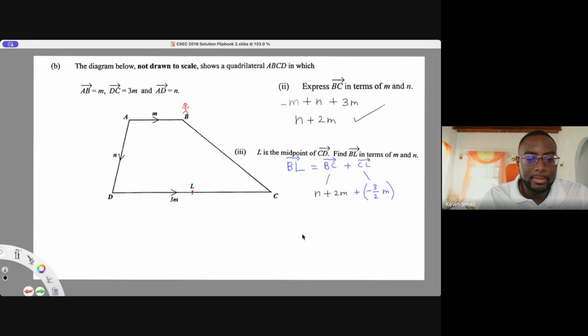Let's simplify: 2 take away 3 over 2. Just use your calculators. 2 take away 3 over 2. A half m. All right, people, this is the end of the exam.